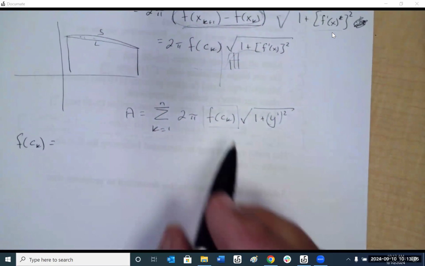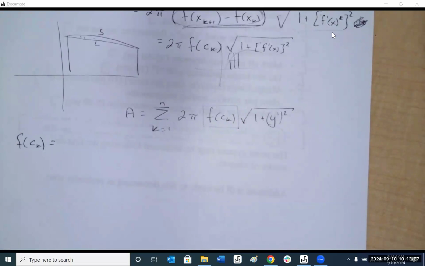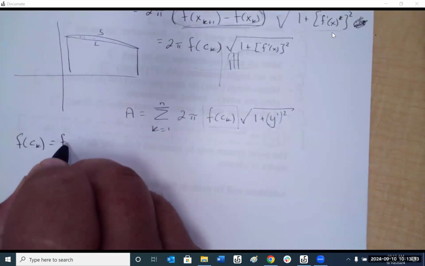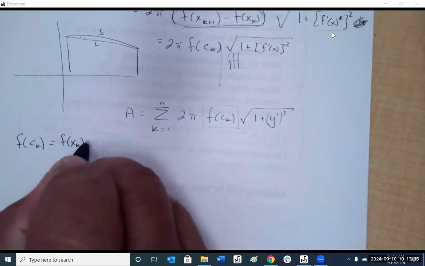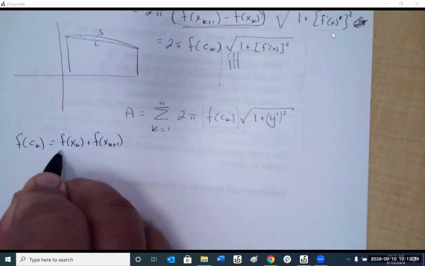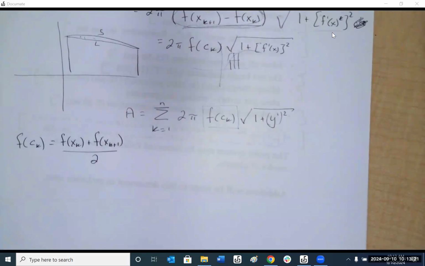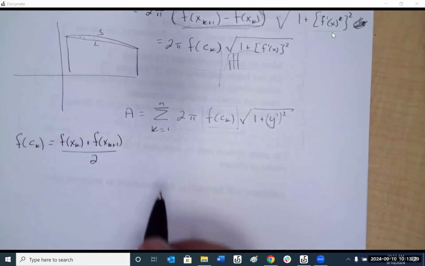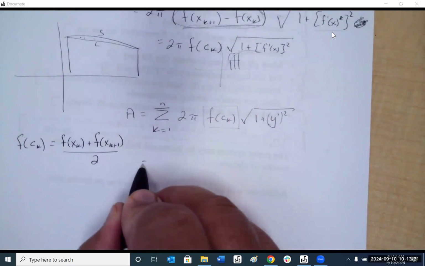How do you find the average? Remember, this is the average, the midpoint is the average. How do you find the average? We take f of xk plus f of xk plus 1 and divide by 2. So that's what this one's all about. Why is that important?